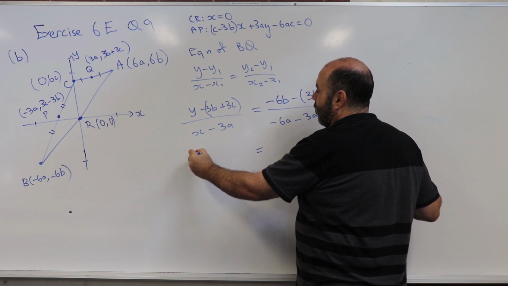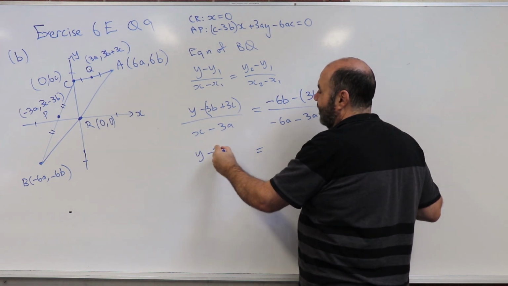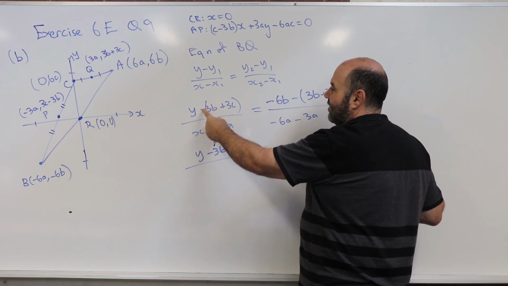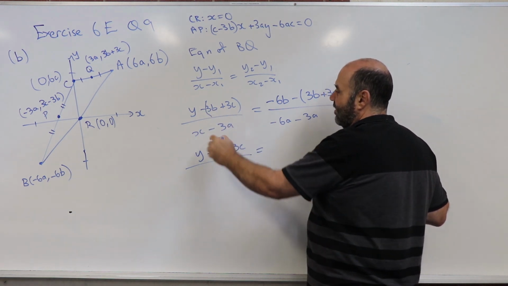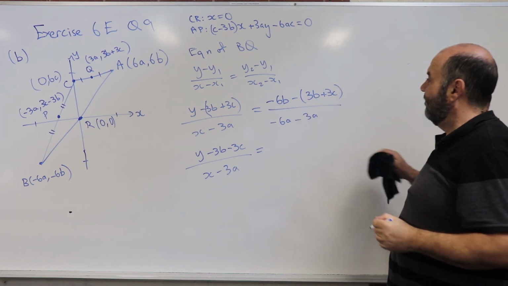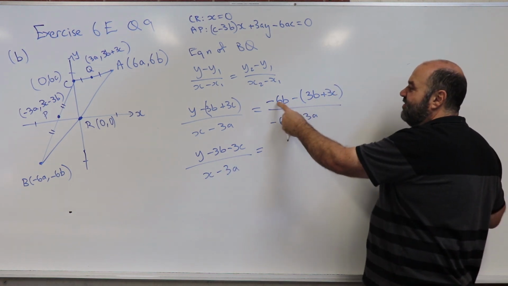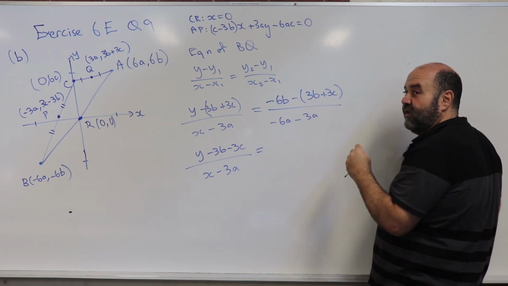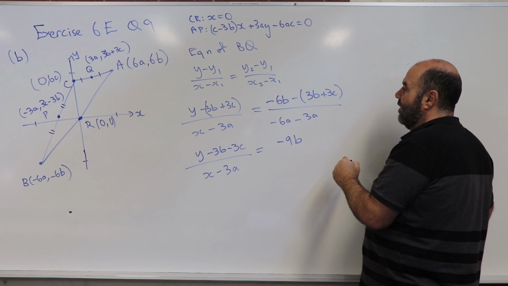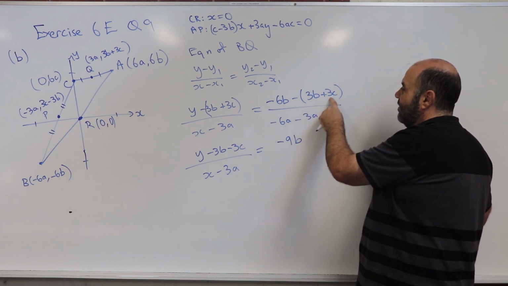Here I've got y minus 3b minus 3c, multiplying the negative 1 by both terms, over x minus 3a. Over here, look at this, I've got negative 6b minus 3b. Well, that's going to be minus 9b. Then I've got minus 3c.